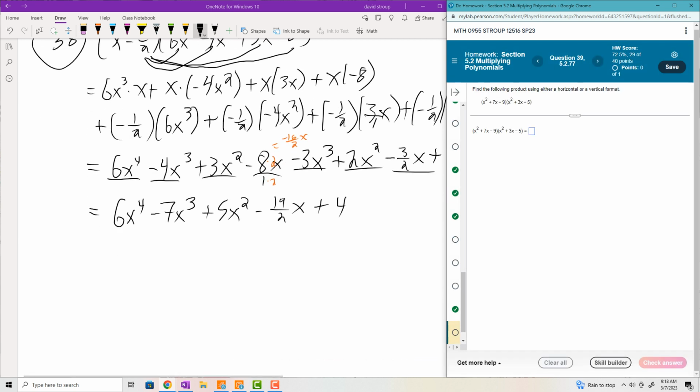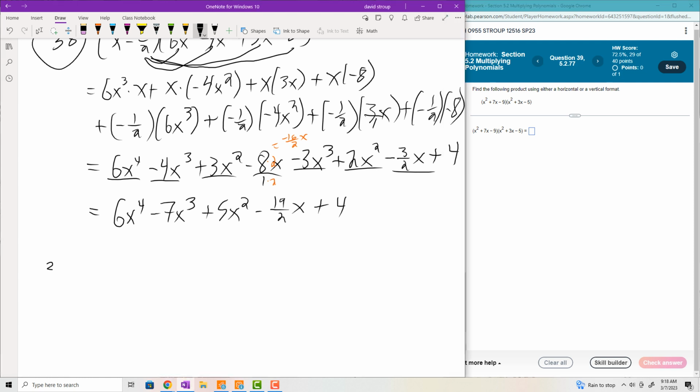Okay. Trinomial times trinomial, so now you just have 3 distributions. So it's 39, I have x squared plus 7x minus 9 times x squared plus 3x minus 5. Okie dokie. So first the x squares.